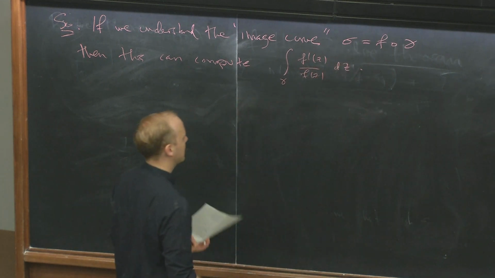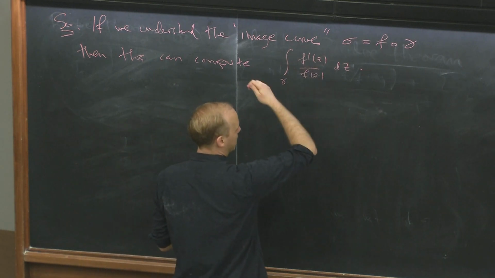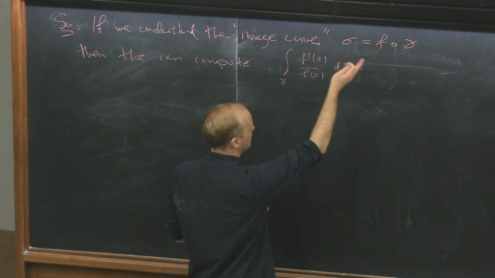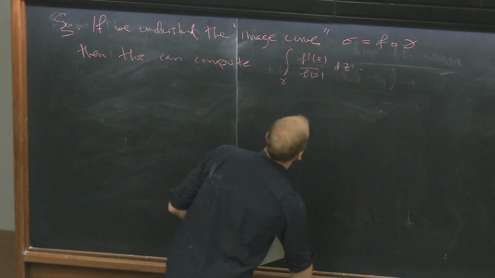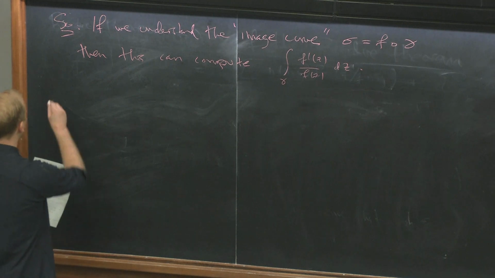So, it can go both ways. It could be easy to compute this in order to understand the image curve, or sometimes, maybe like in this example, you can compute the image curve to get this integral. Just to underline that it can go both ways in theory.